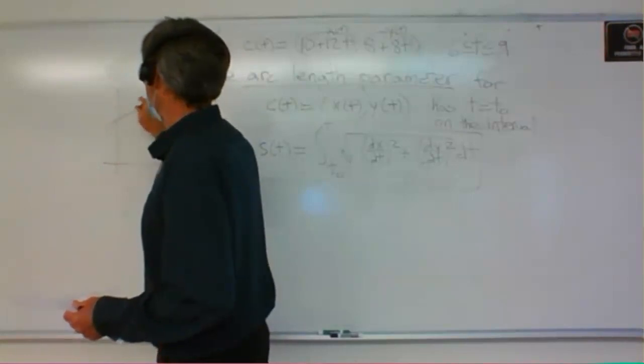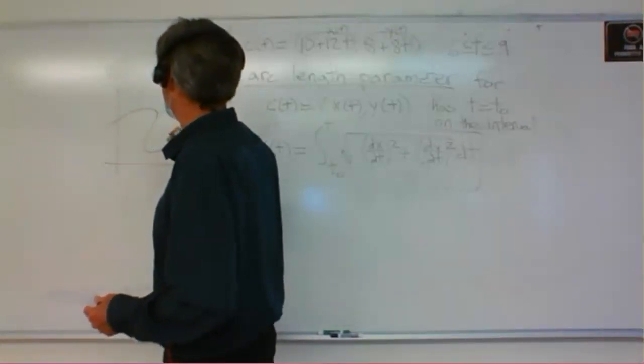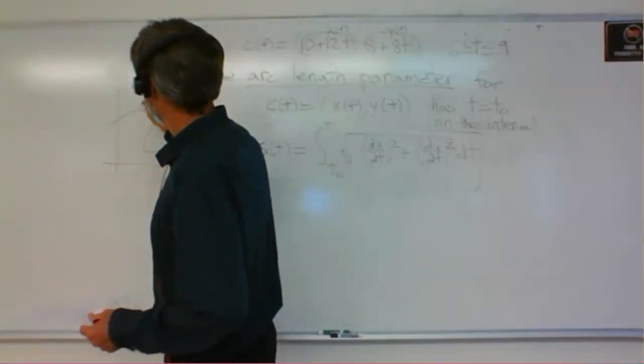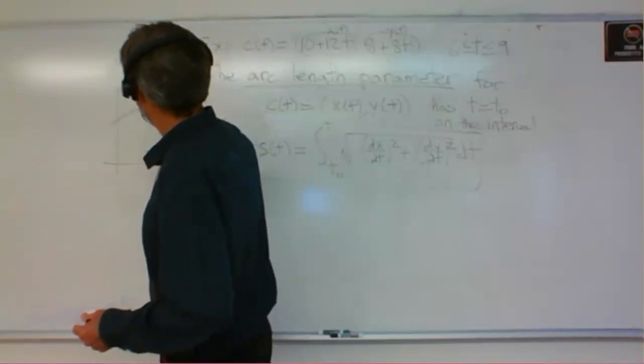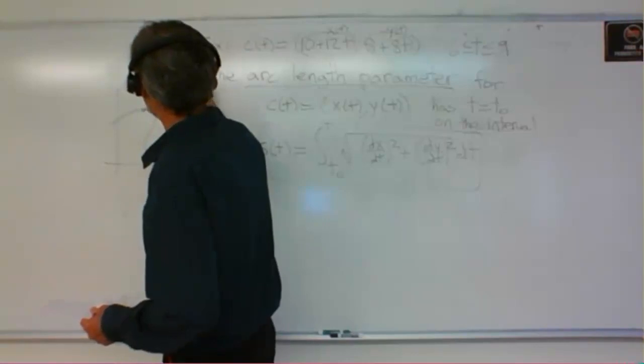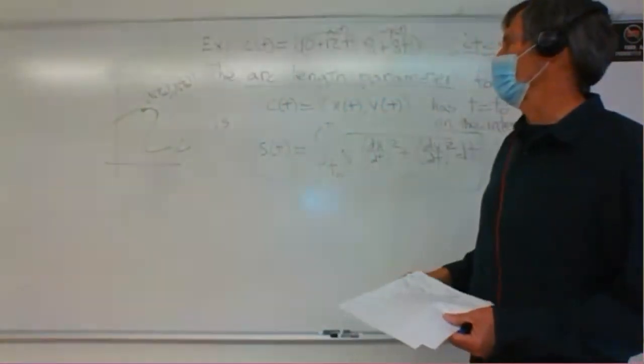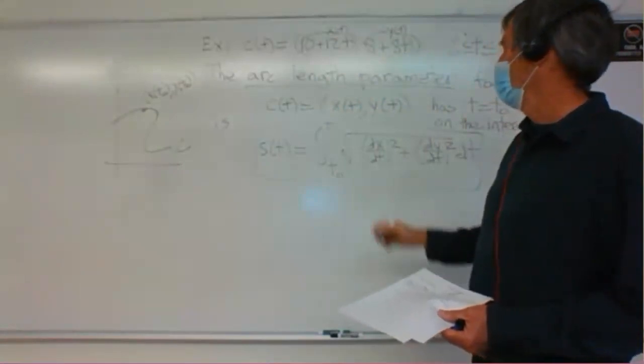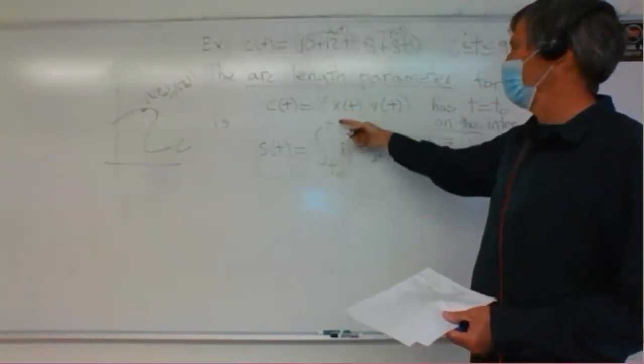If I'm sweeping out this curve in the plane C, I have some point here, x of t0, y of t0. That's a reference point. I can pick any point along the curve I want. And what is this going to be if I go from t0 to t?